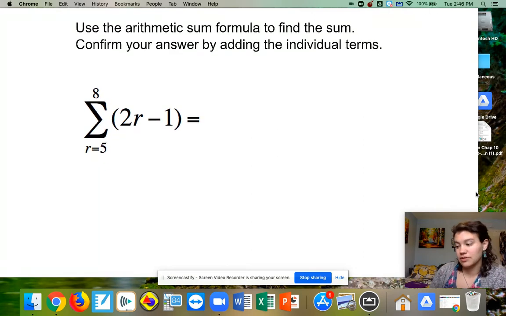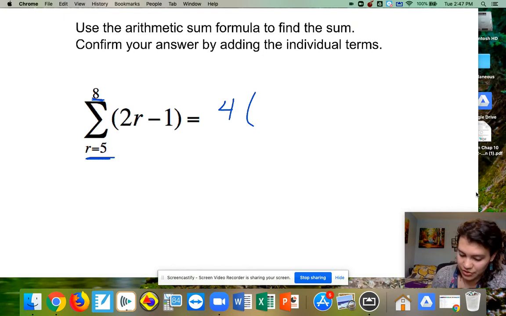All right, so here's this one. Do the same idea and then confirm it just by adding the numbers by themselves. So careful here, you have 5 to 8. This is going to give you a total of 4 terms because you have 5, 6, 7, 8. So only 4 terms, not 8.